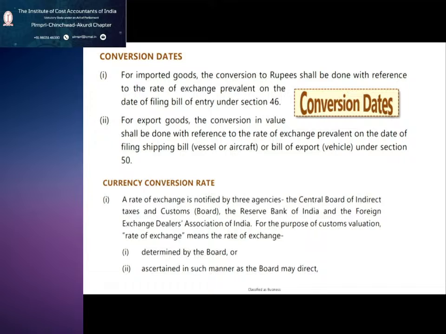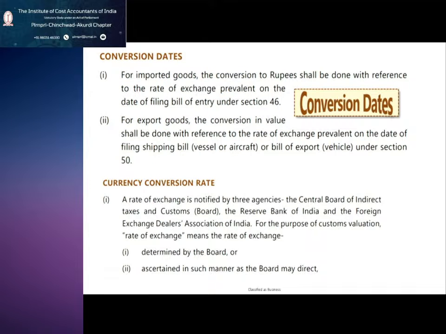In case of export goods, the conversion means the rate of exchange prevalent on the date of filing the shipping bill or bill of export. So these two things we need to see.